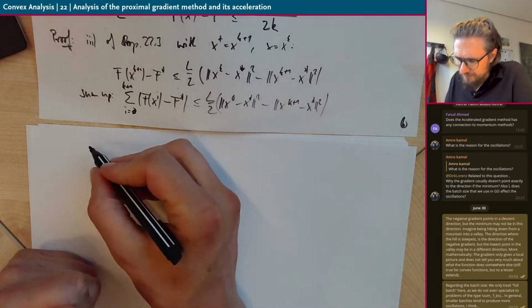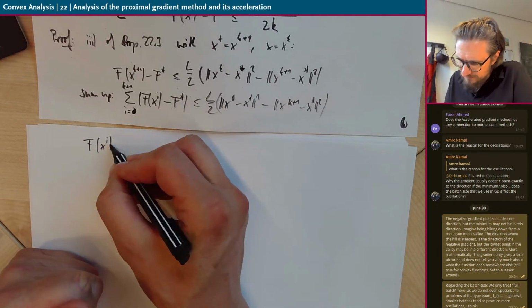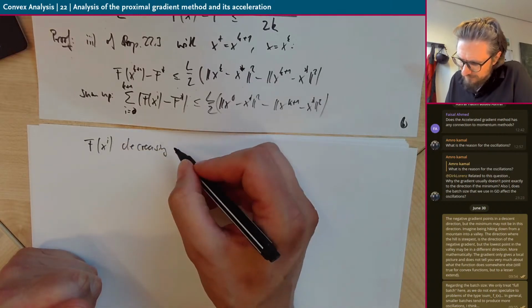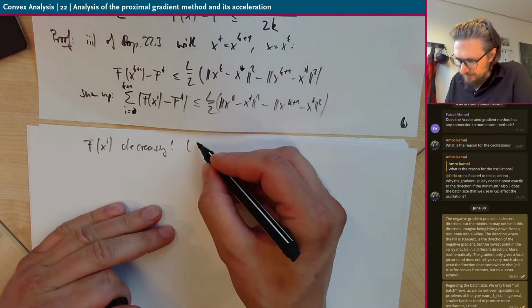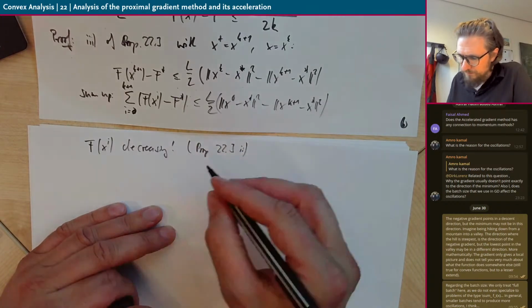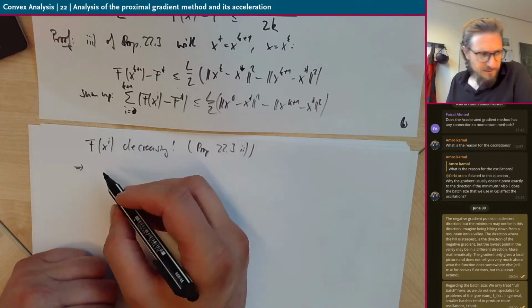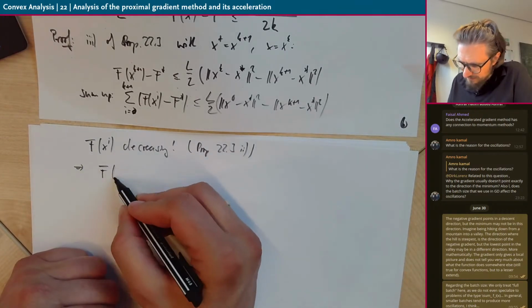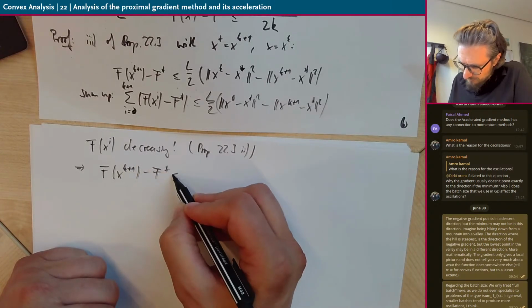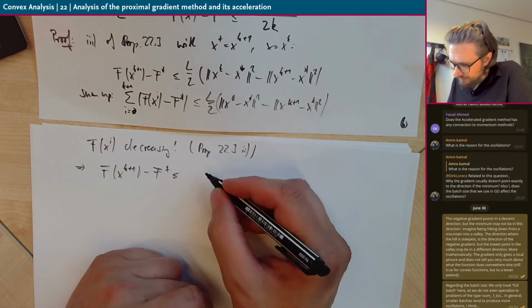So what we now use is that f of xi is decreasing by this proposition 2. And this tells us that the last one here is the smallest. So it's smaller than the sum.